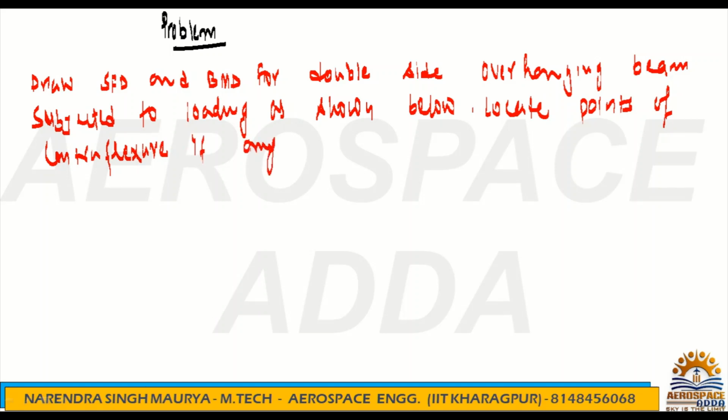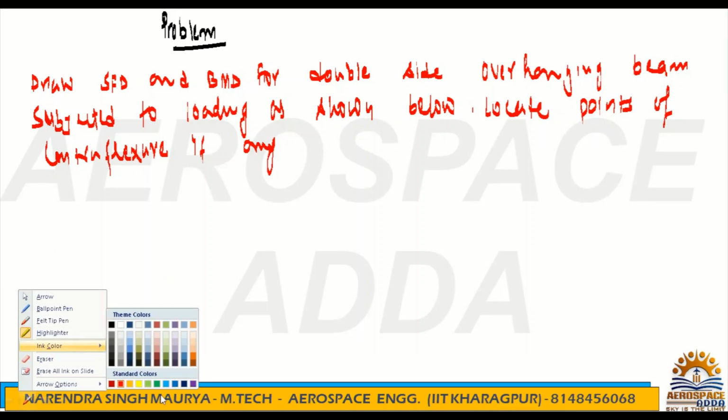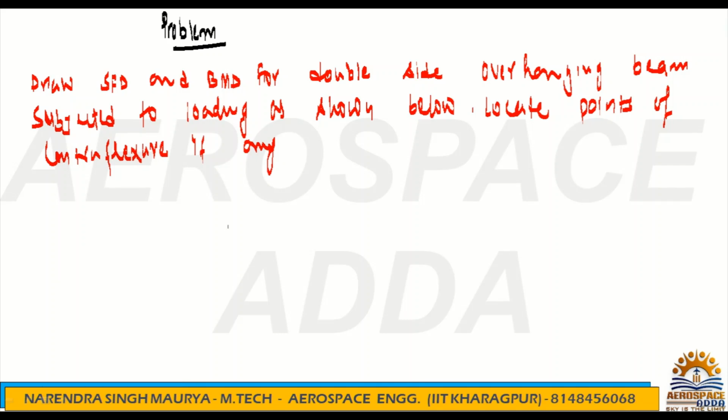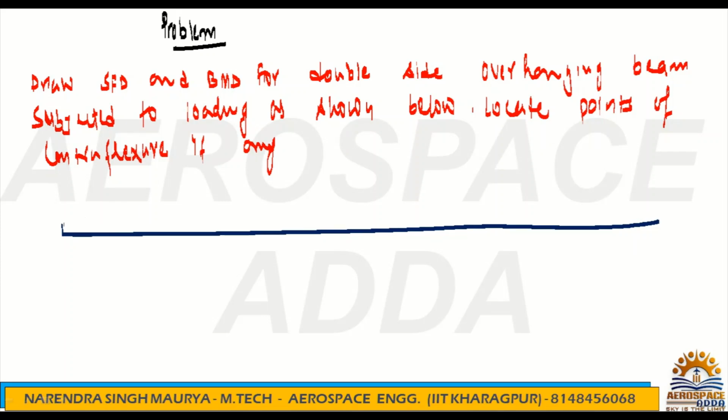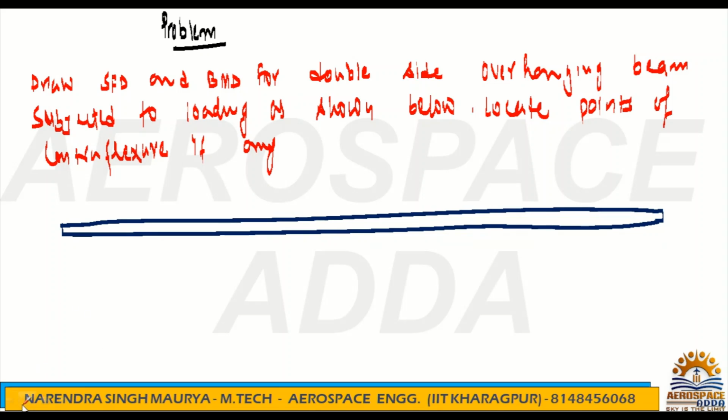I had explained what is the point of contraflexure in the theory part of the SFD and BMD. Now coming to the beam. So this is the beam. For this particular beam, we have to draw the SFD and BMD, and we also have to check if there is any point of contraflexure.